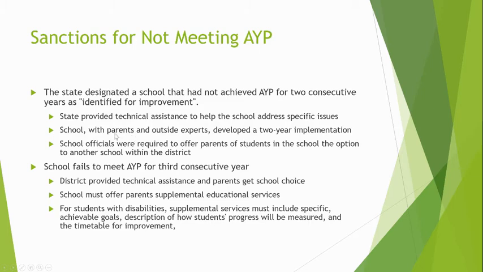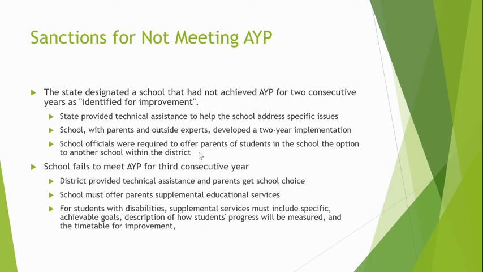The school, with parents and outside experts, developed a 2-year implementation plan, and schools were required to offer parents in the school the option to go to another school within the district. They would hold a public meeting at the school where they would explain and provide parents with information, and let them know that they would have the option to send their student to another school within the district that is rated higher.